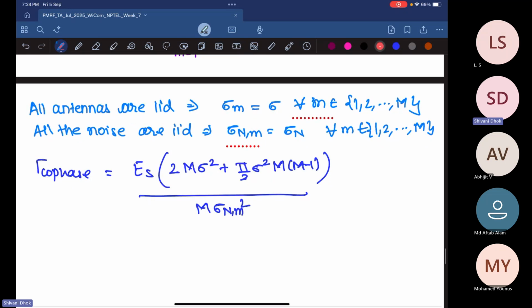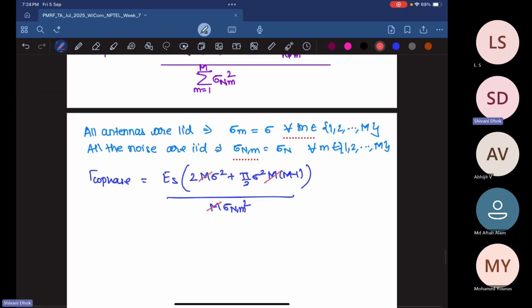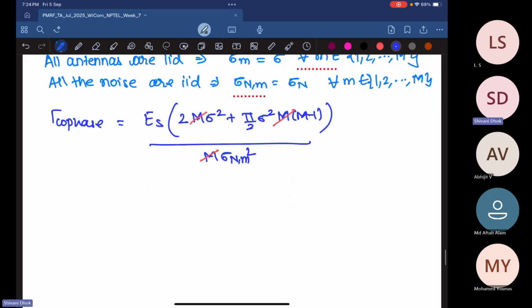So I can cancel out this m from here, and then I can take out 2 sigma square common. By sigma nm square, we have 1 plus pi by 4 into m minus 1.